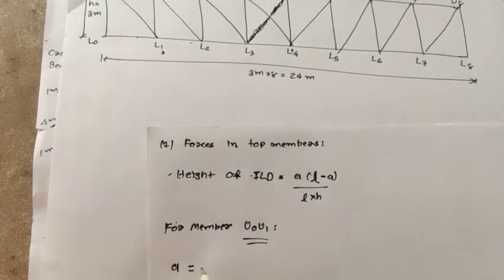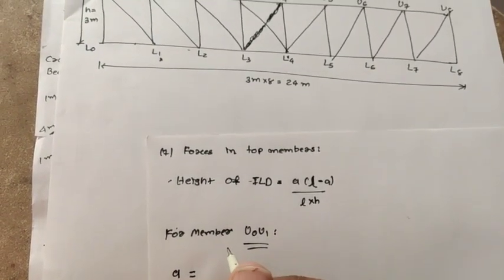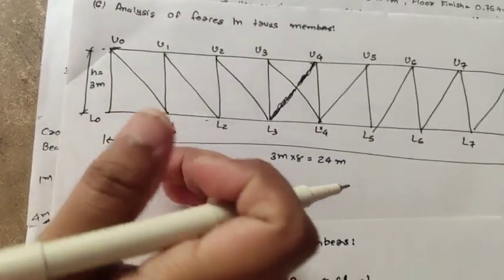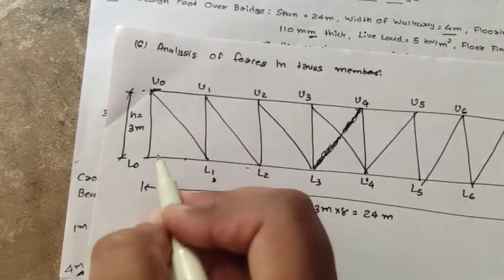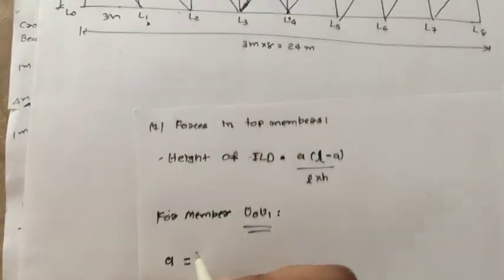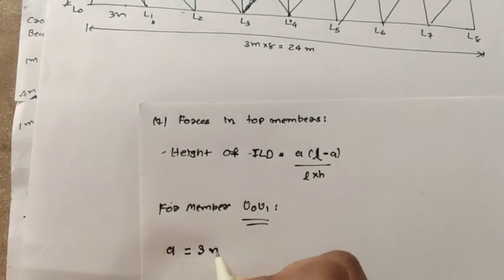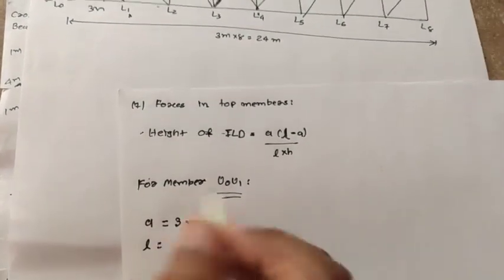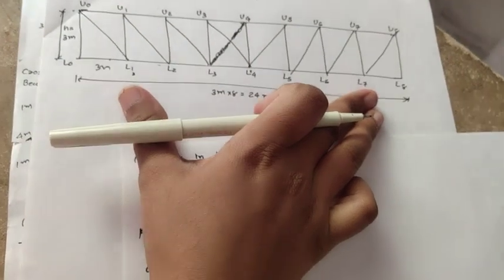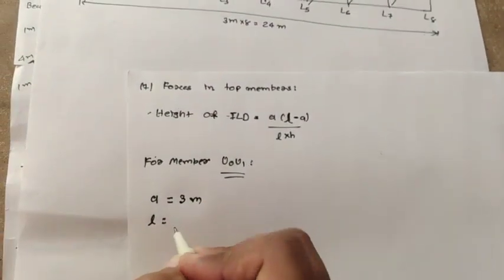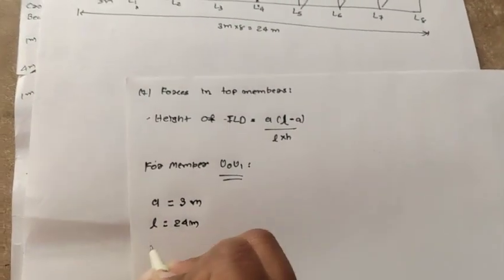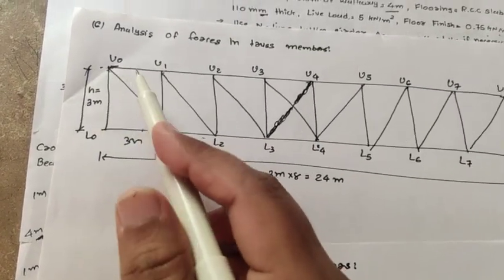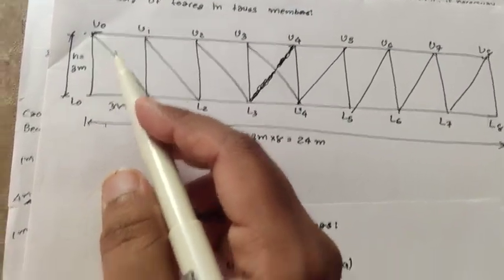A is equal to 3 meter. L is the total length of the truss, so L is equal to 24 meter, and H is equal to 3 meter because the height is already given.